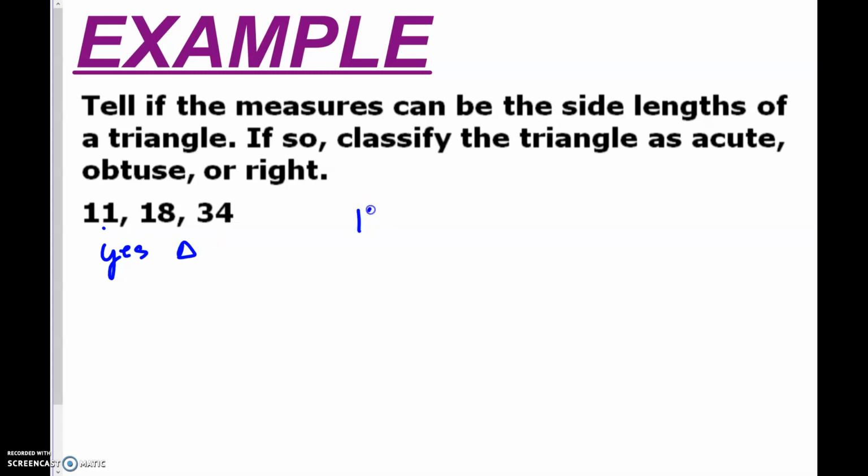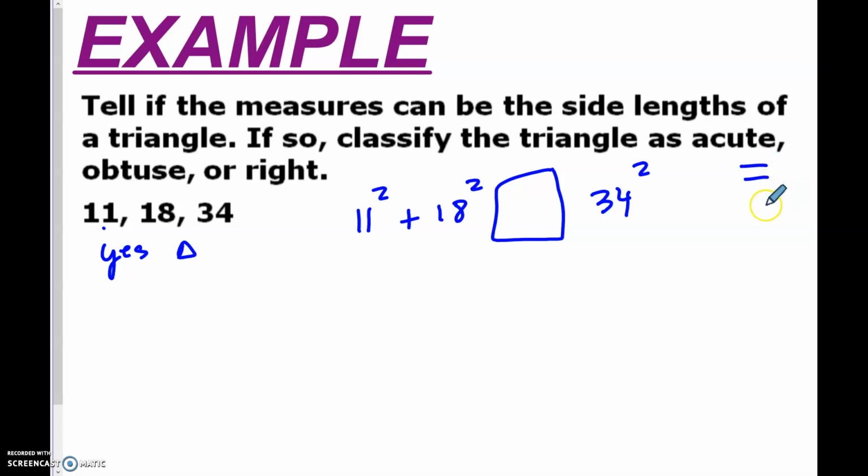So we're always going to take the two smaller ones, 11 squared plus 18 squared, and we want to see how that compares to 34 squared. Is it equal? Is c squared bigger? Is c squared less than? Okay, I'm always going to compare it from c squared. So we can just grab your calculator, 11 squared plus 18 squared.